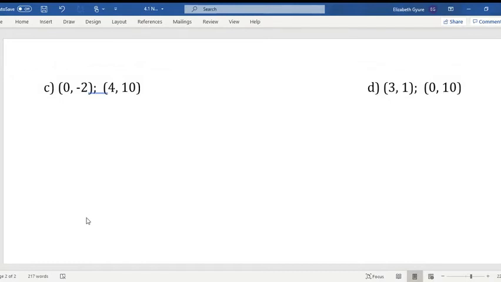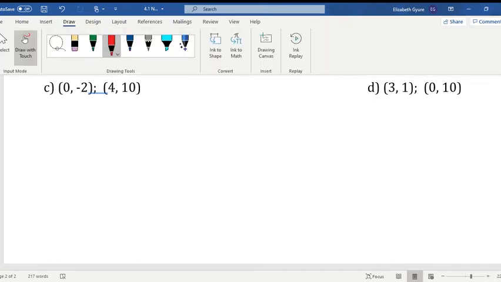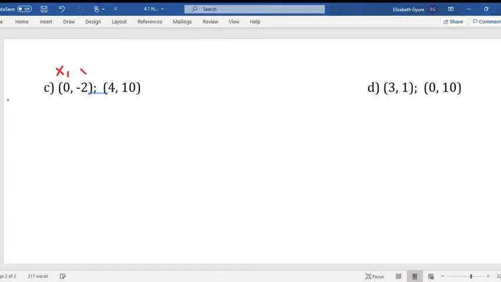All right, so for part C, we have 0, -2, and 4, 10. Ladies and gentlemen, what is my first step? Okay, yeah, put your x1, y1, and your x2, y2. Now, what do I need to do with that information? What am I going to calculate? Look at the other page if you need to. What are we going to calculate, Jake?